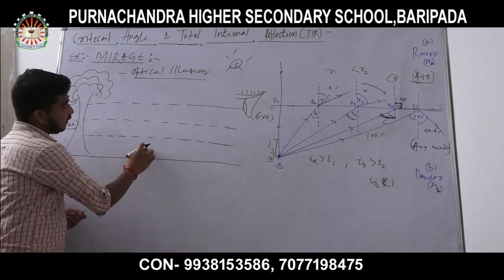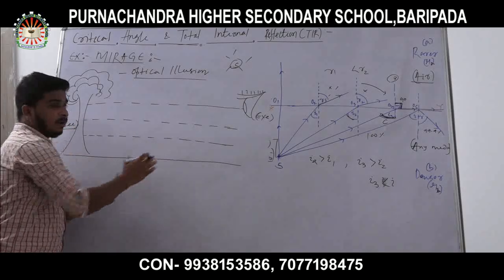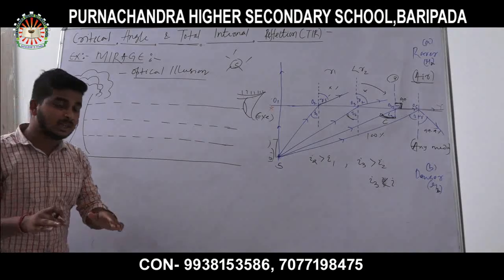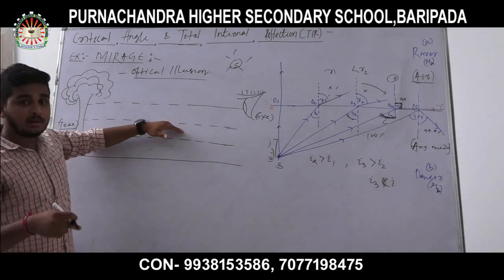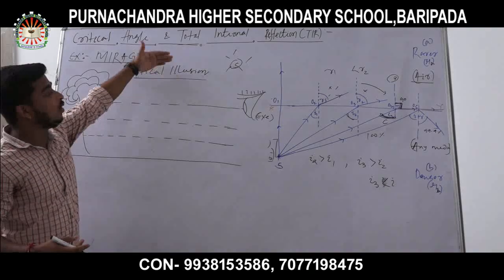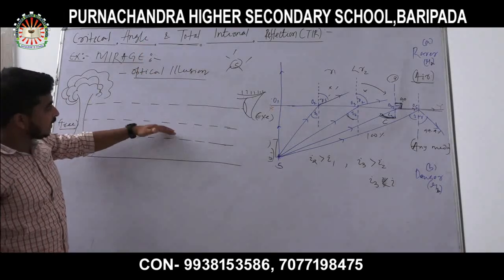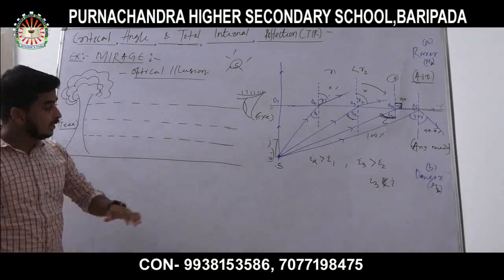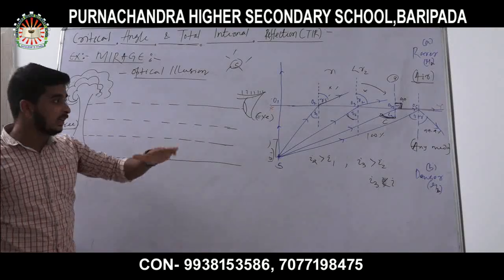So the number of air molecules close to the earth reduces, and the air molecules get excited to the upper level. I have written 3 or 4 levels here, it may be 1, 2, 3, 4, so the air molecules get excited and move upward.